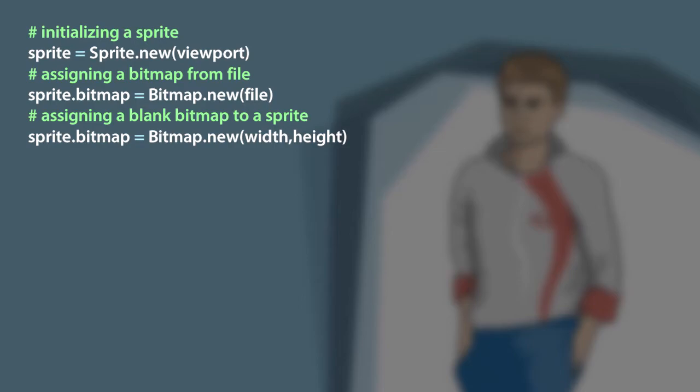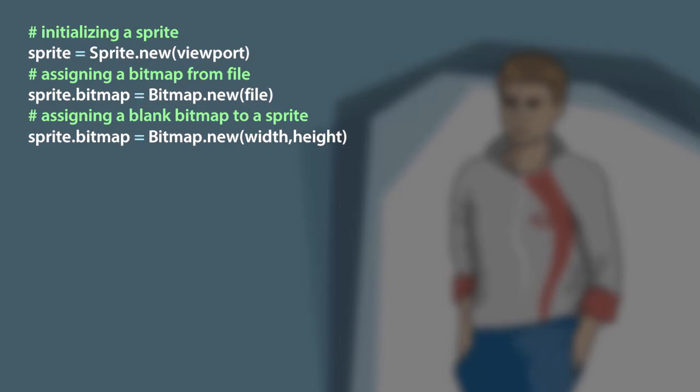But again, like with all the other objects and classes in Ruby, you initialize a bitmap, and you assign the bitmap to the sprite by doing sprite.bitmap = Bitmap.new, and now we open parentheses in order to pass it a few arguments. Now what you can do is give it a string, which is going to be the path name of the file that you want the bitmap to load.